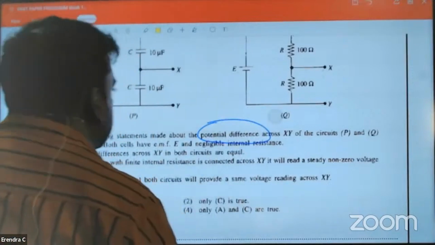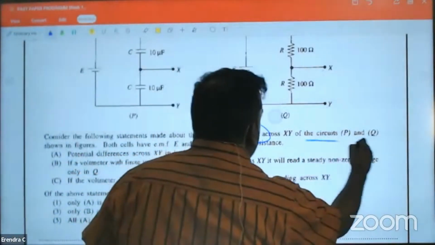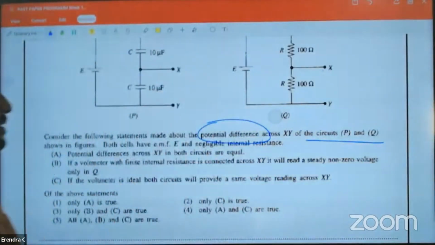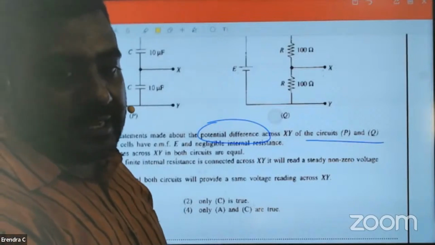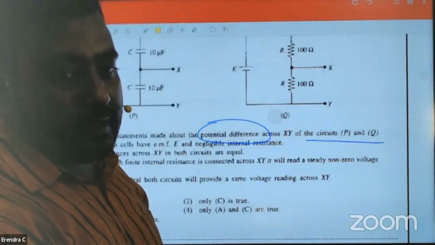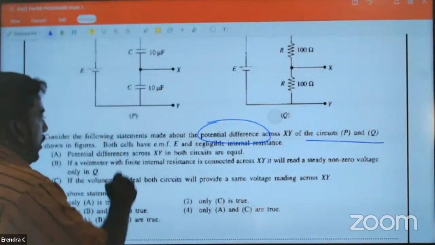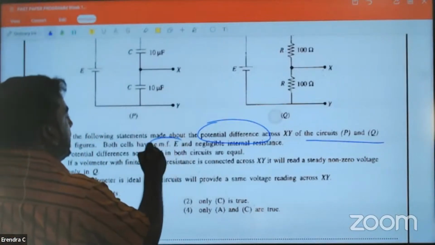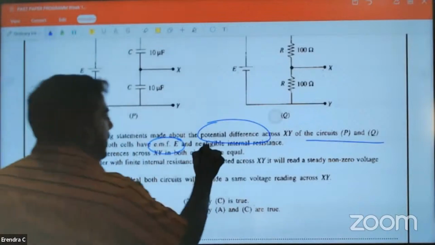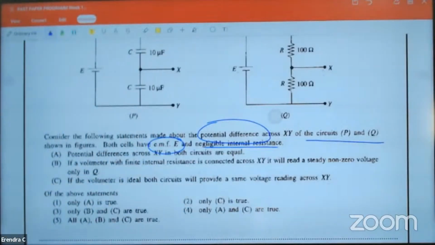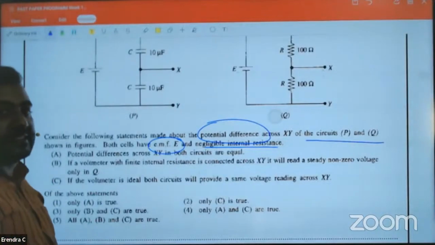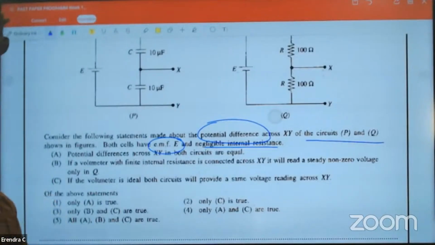Potential difference across the XY circuit, P and Q. Look at this. Same EMF, negligible internal resistance. Look at this carefully.